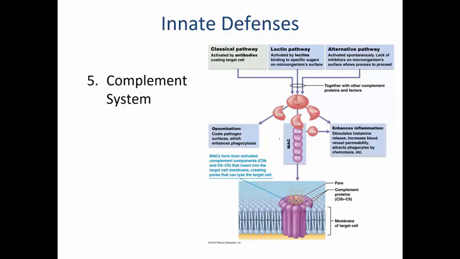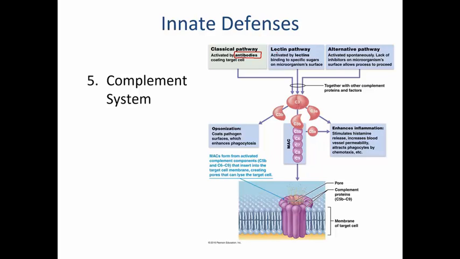Fifth type of innate defense is the complement system. The complement system can also be activated through adaptive defenses, so it can be activated in either type of immunity. So through adaptive defenses, it can be activated by antibodies, which are produced by B cell derivatives.